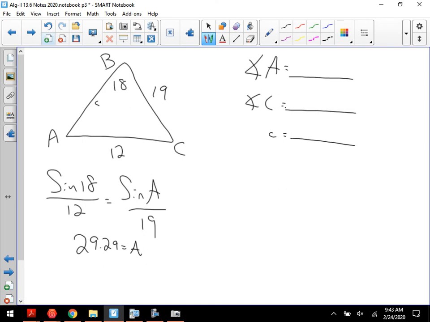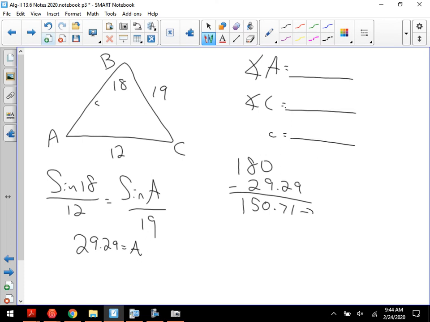So the angle I found is acute. Since I found an acute angle, I need to check its supplement. So right now I'm just going to put off to the side 180 minus 29.29. And I get 150.71.